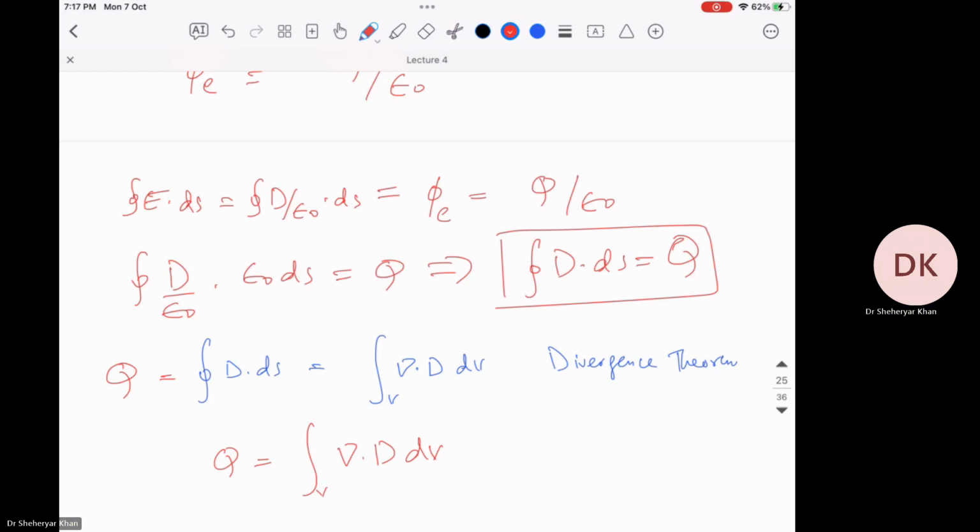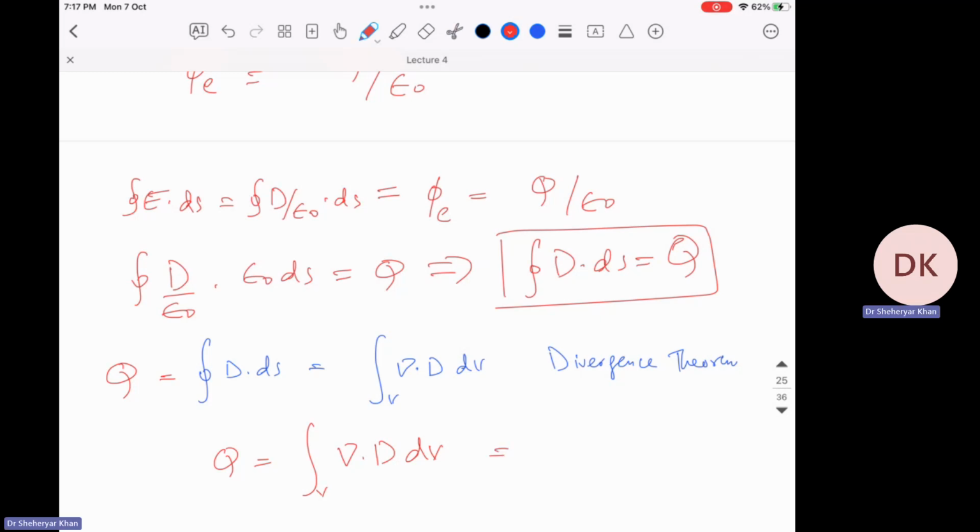So for what quantity, if we take the volume integration, do we get the charge? Yes, charge density. So if we have a charge density and we take the volume integration, we get the charge, right?